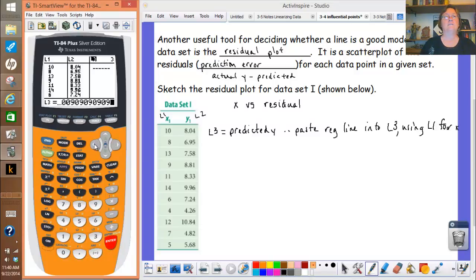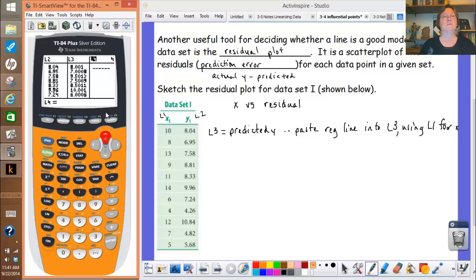The only difference is we're going to arrow back until you find the X in the equation. And when your cursor is on the X, we want to replace that with list 1. That's where all of our X values are. So I've now made a prediction for each of my X values.